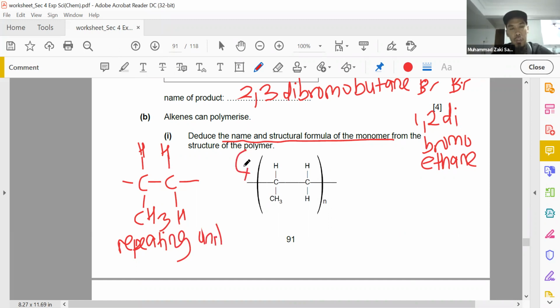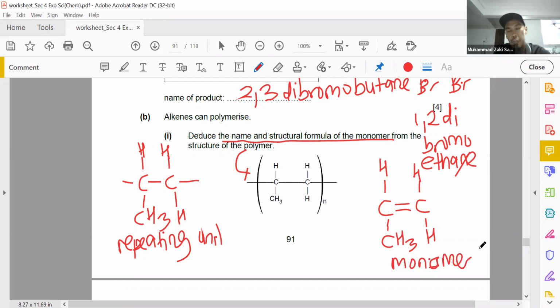So monomer how? For the monomer, just remove these two lines and draw a double bond in the middle. Remove the two lines. Remember all monomers have double bond. So please remember that H, this CH3, H and H. So this is the monomer.